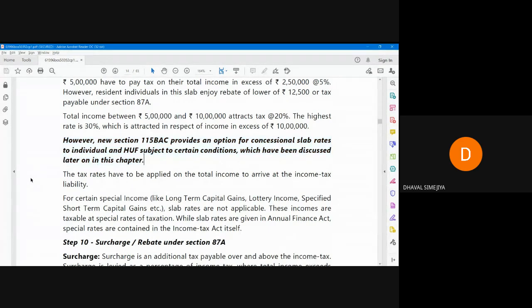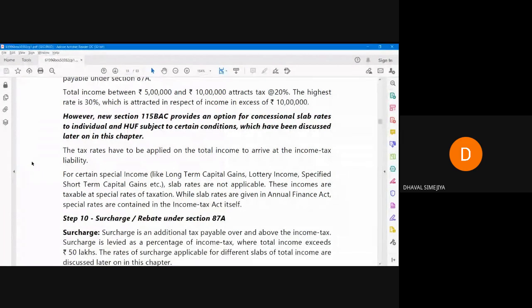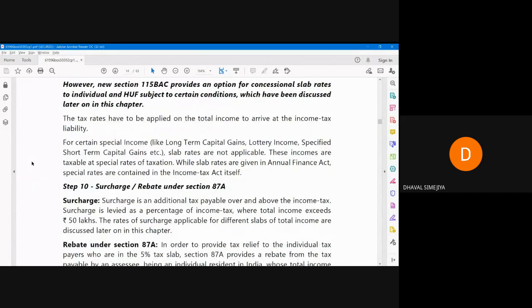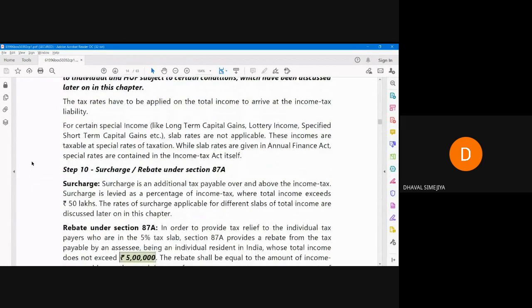Section 115BA. Now, the tax rates have to be applied on total income to arrive at income tax liability. For certain special income like long-term capital gain, lottery income, specified short-term capital gain, slab rate will not be applicable. So what is the meaning of long-term capital gain, short-term capital gain?